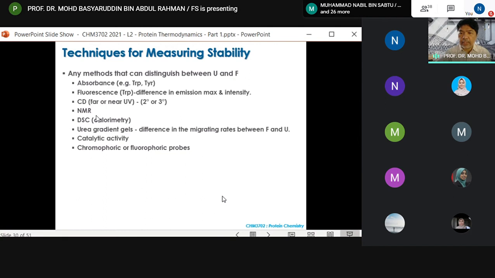The calorimeter that we have in the department is normally still a micro one. That may not be suitable for protein, because we need only a little. So in MGI, last time we bought a nano DSC.